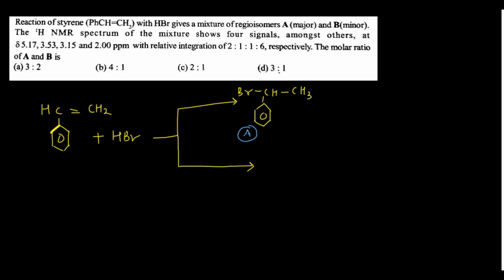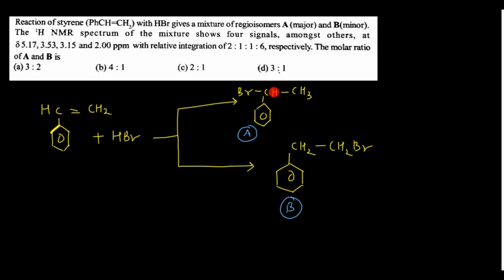Then I can draw the minor one also. In the minor one, you put hydrogen at the CH and bromine at the CH2Br. This is your minor product, which I am calling B. Now you can quickly assign the chemical shifts for these species, which is quite interesting and important.